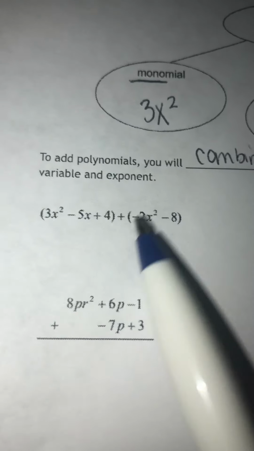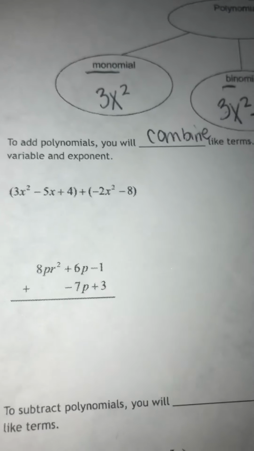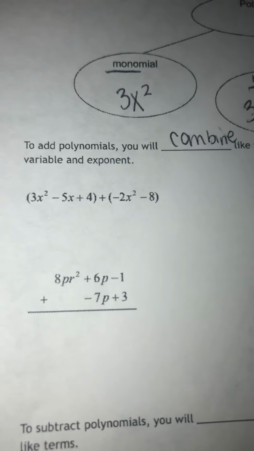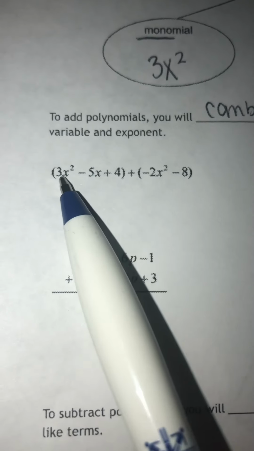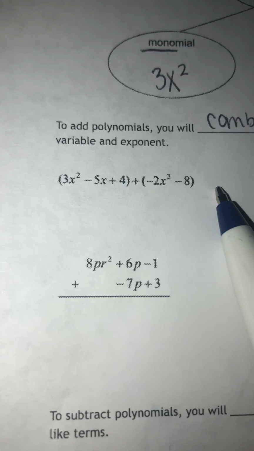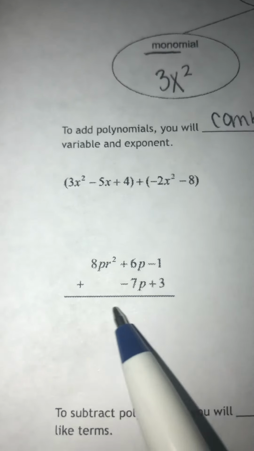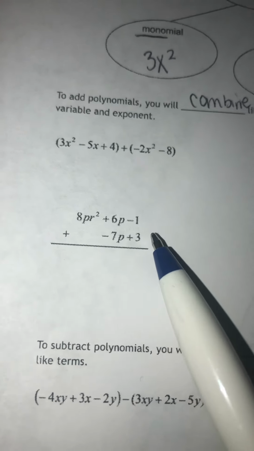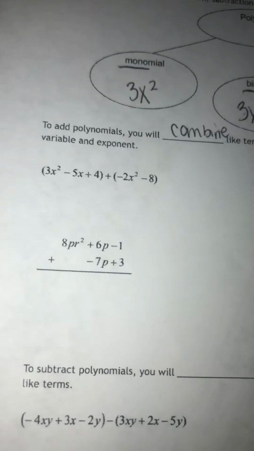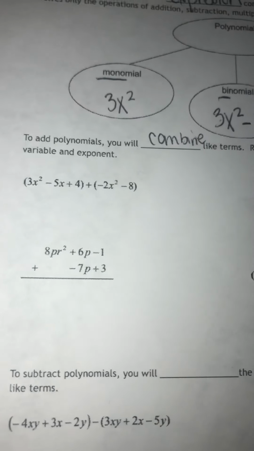Below, these first four problems are addition problems, so these are going to be examples of adding polynomials. There are different ways you can look at it. This is the horizontal method, and this is the vertical method, which looks very similar to how you normally add numbers by hand. I'm going to show you both ways.